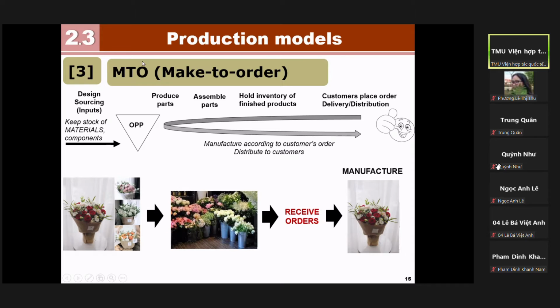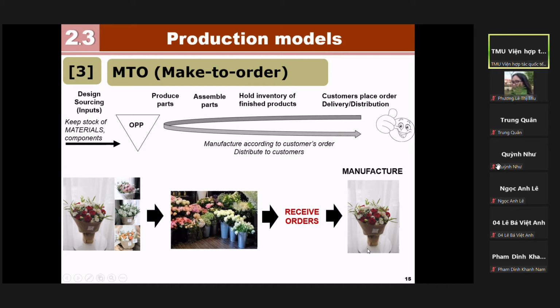However, if they apply MTO, and most flower shops nowadays apply MTO, right? So of course they still think about some designs, some styles of flower bouquets, and they take photos of those designs. They upload them maybe to the website, or maybe they keep some models in the store.